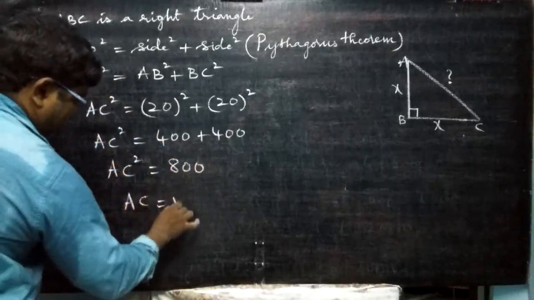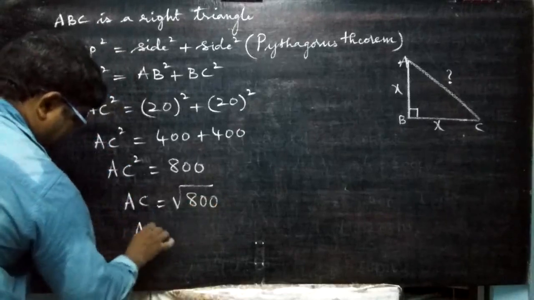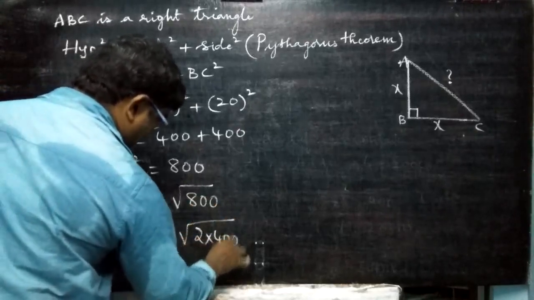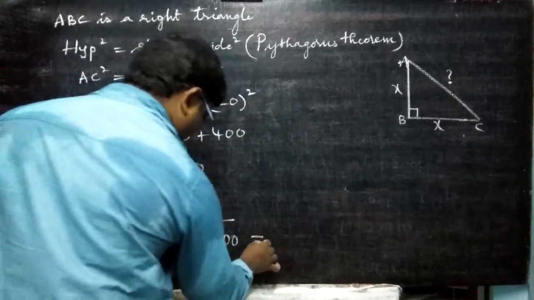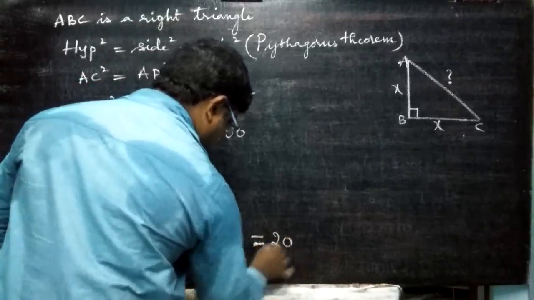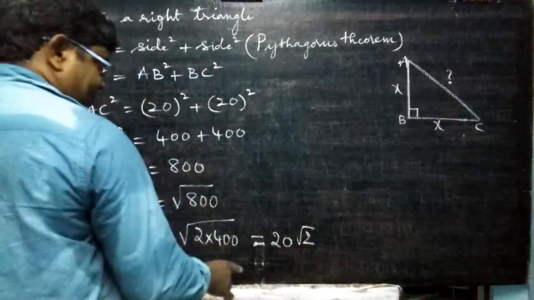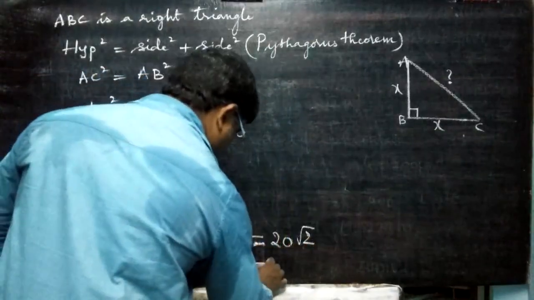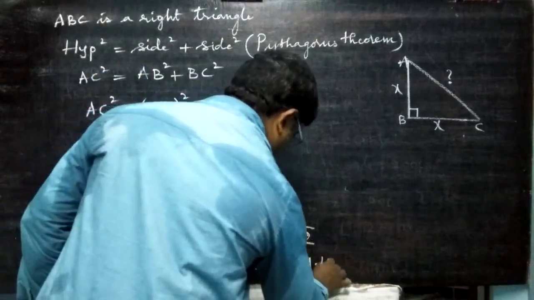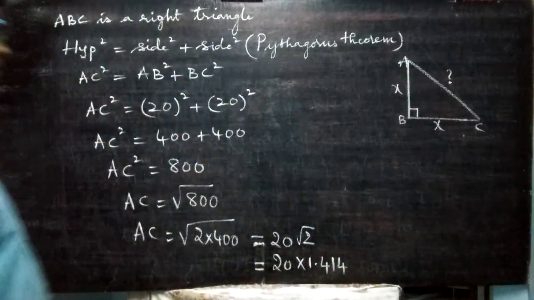AC is equal to square root of 800. Square root we have to find. Easy method: 2 into 400. For 400, 20 is the square root. So 20 root 2. Now they gave the value for root 2, that is 1.414, given in the problem itself.